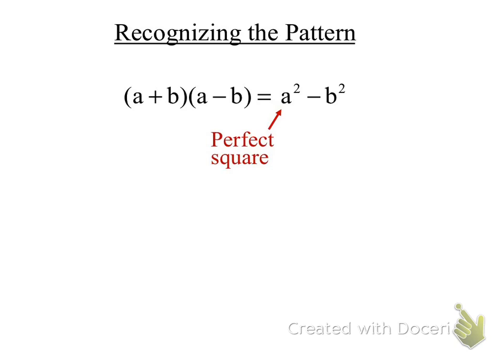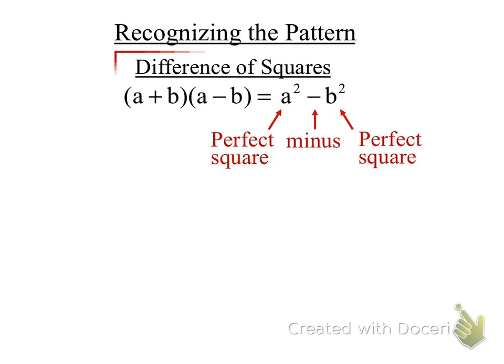The minus sign is a difference, and we finish with a perfect square. So it's a perfect square minus a perfect square. That's why it's called a difference of squares. Do you understand that? Perfect square, different sign, perfect square. A difference of squares.